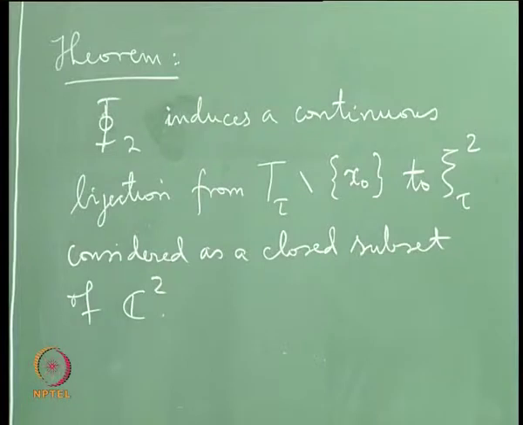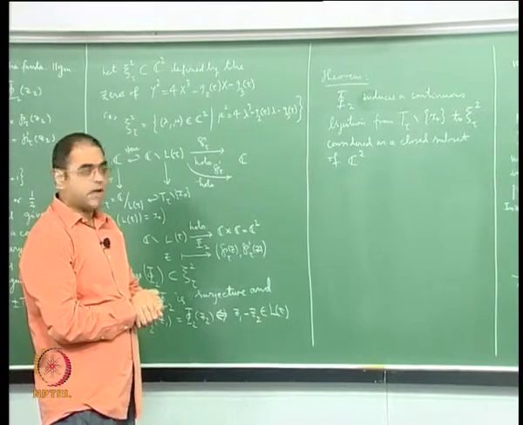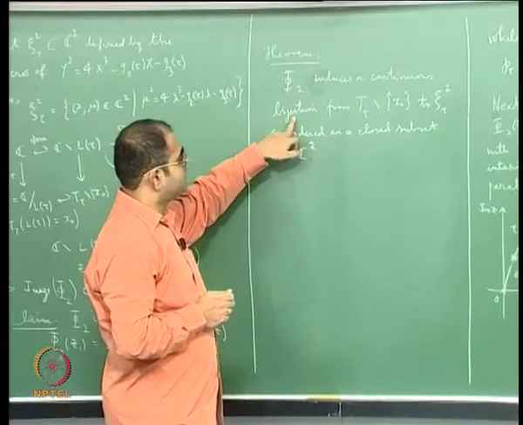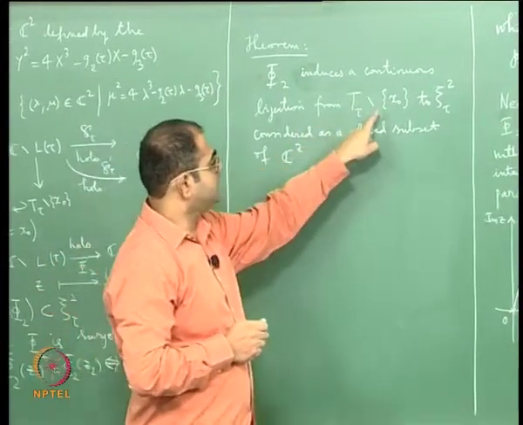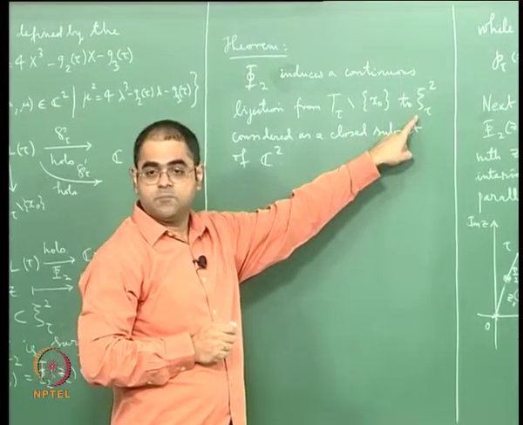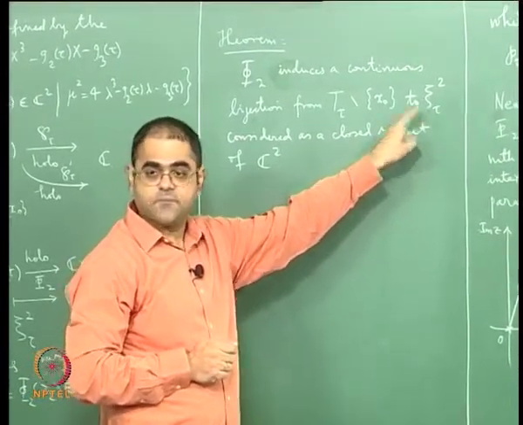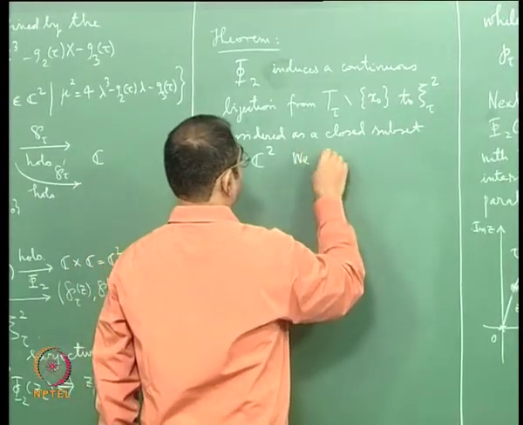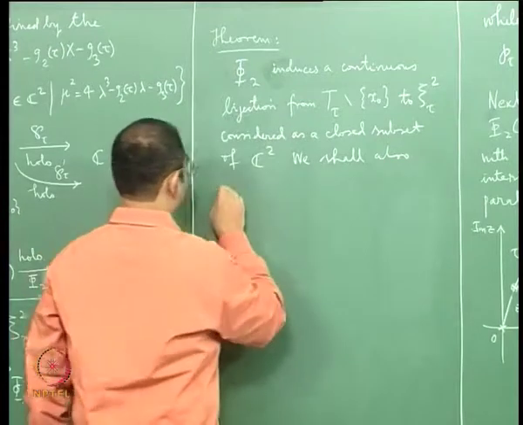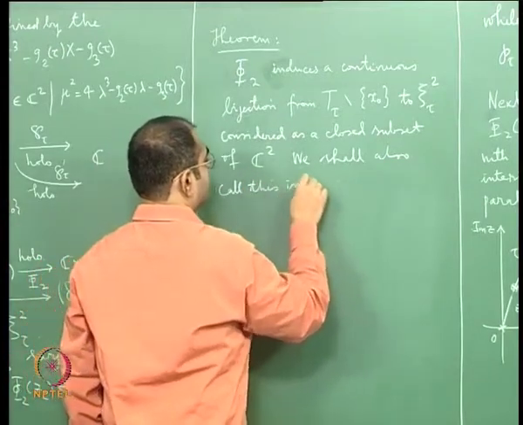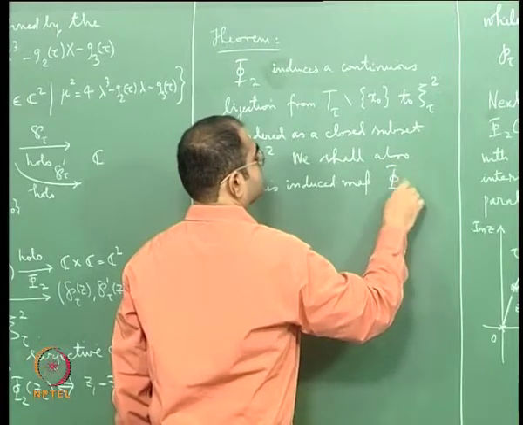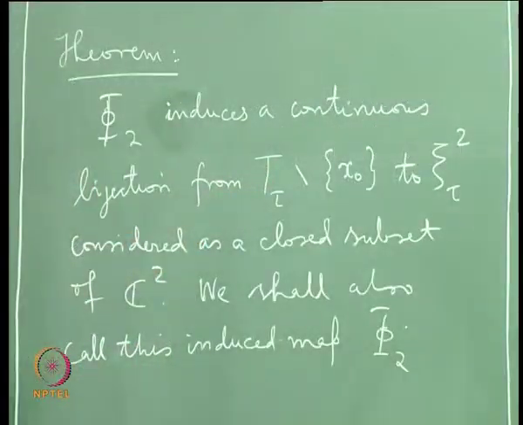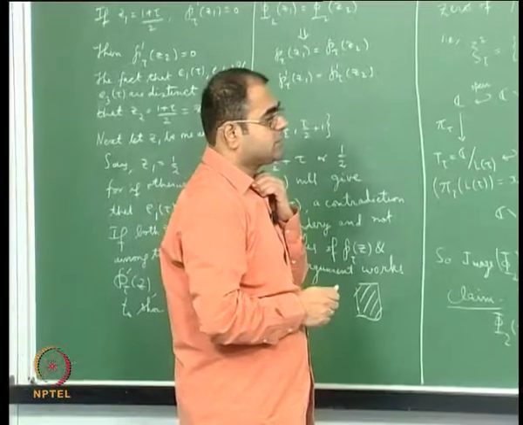So this is the statement, and by abuse of language I will also call the induced map from the punctured torus to xi 2 as phi sub 2.